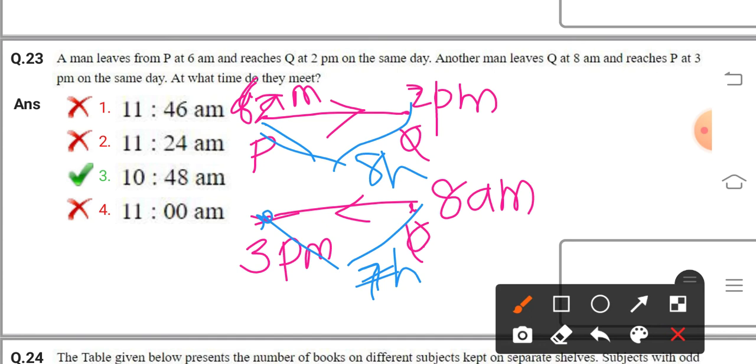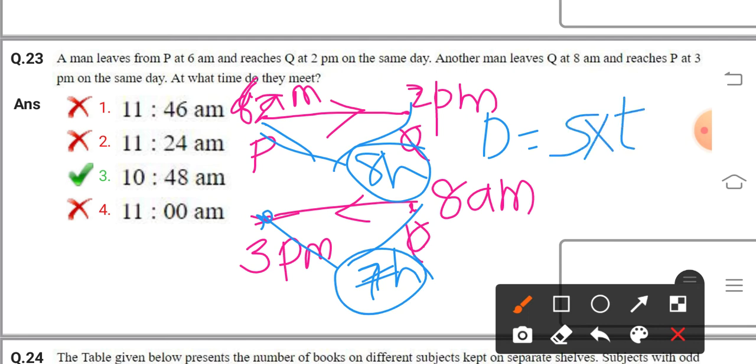Next, the first person's speed. We don't know the total distance here. These two numbers are factors of the total distance because distance is speed into time. So the LCM of these two numbers is the distance. We consider 56x as the total distance.